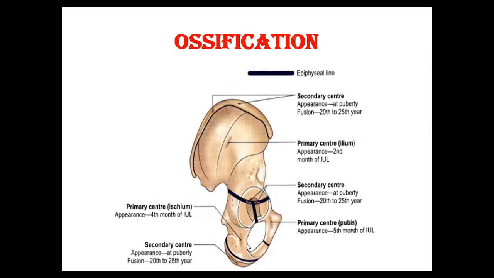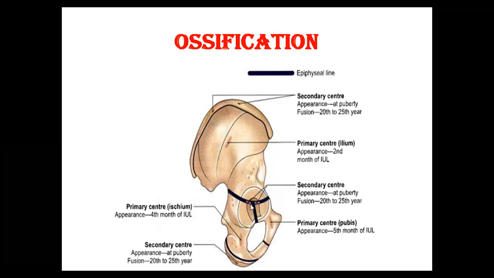So the primary center first appears for ilium, second for ischium, that is 4th month, and third for pubis, that is 5th month. Okay, 2, 4, 5. Finally, the whole bone will be fused and seen as a single bone by the age of 20 to 25th year.